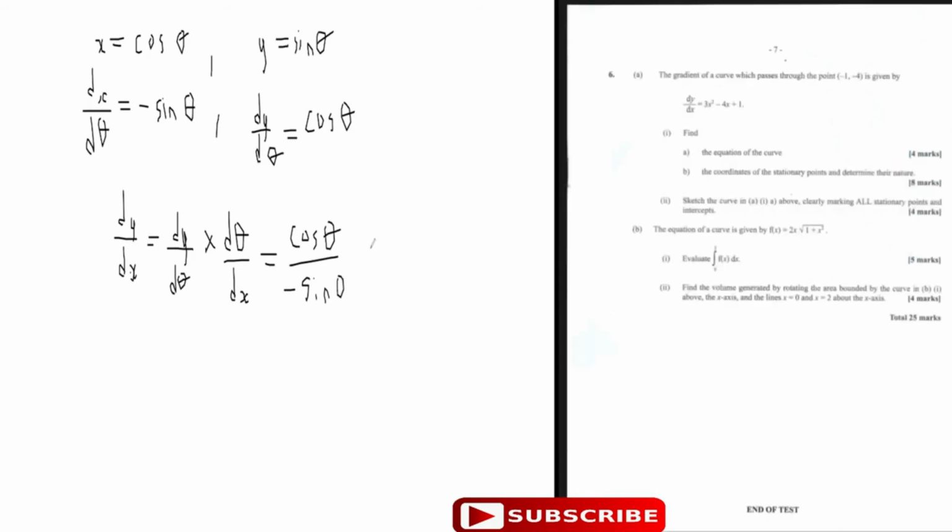And so it's going to work out to be dy by d theta is cos theta times d theta by dx, which is really divided by the minus sine theta. But then cos over minus sine is minus cot. And so dy by dx is minus cot theta. All right, nice and easy. That's what we have, minus cot theta.